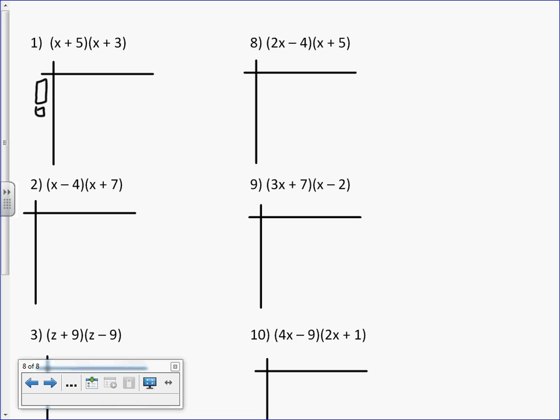plus 5 and x plus 3. So I end up with my x squared, and then my positives here, and my x squared and my 5 positive x's here.